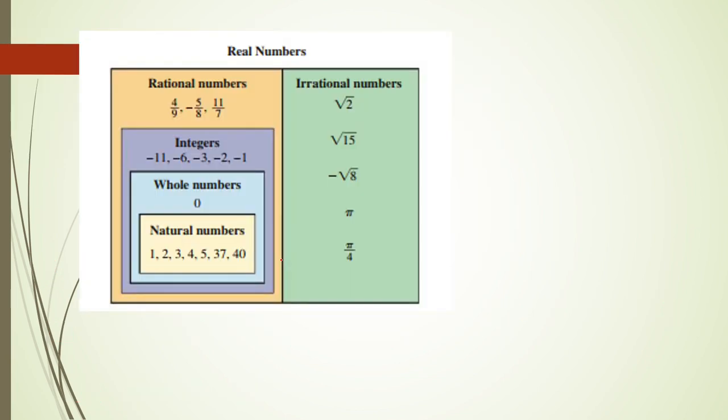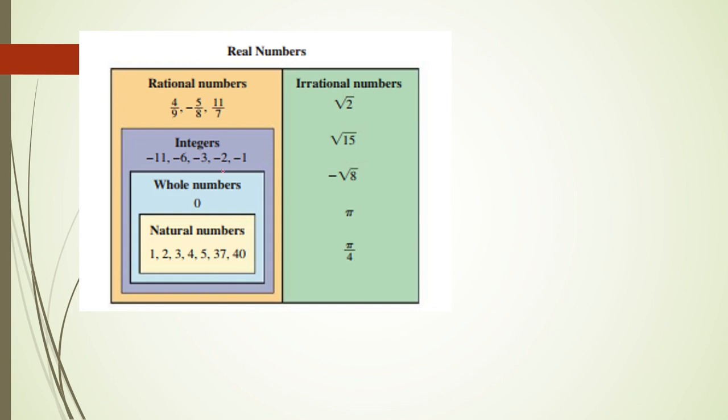In this diagram, we can see the relationship between natural numbers, whole numbers, integers, rational numbers, and irrational numbers. If you look, the smallest set here is the natural numbers, and that's completely contained inside the whole numbers. For the whole numbers, we're just adding an extra 0 with the natural numbers.